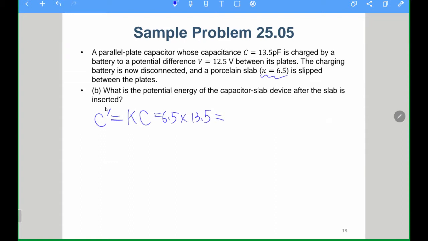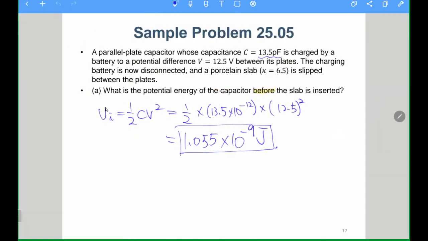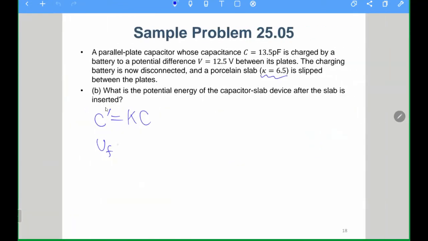Maybe we don't need this number yet. We just plug this C prime into the expression. We call this U initial, and then U final will be 1/2.